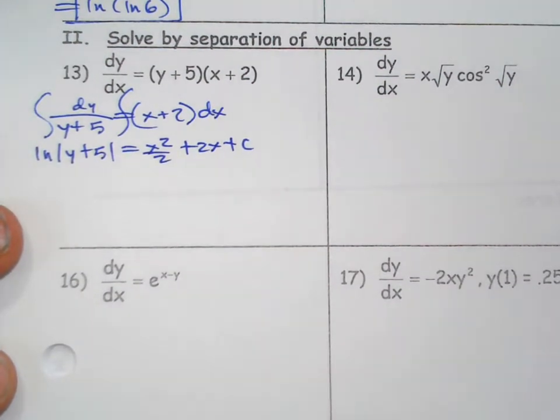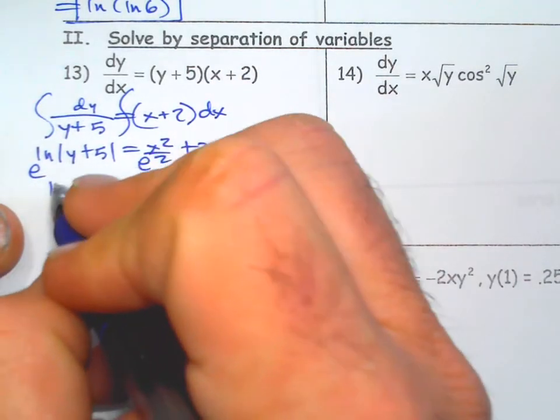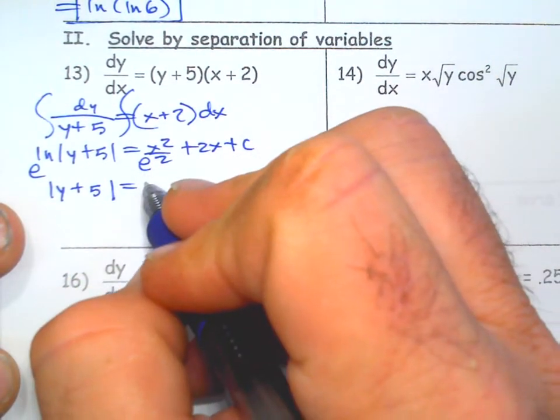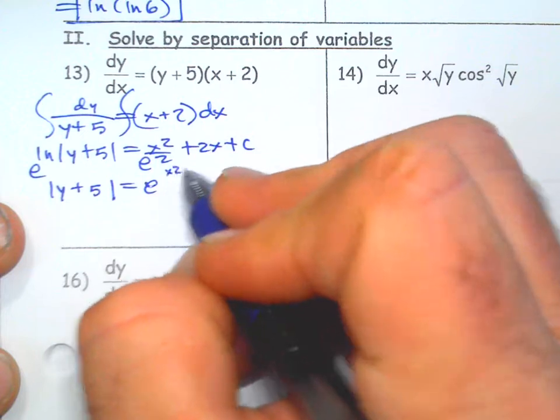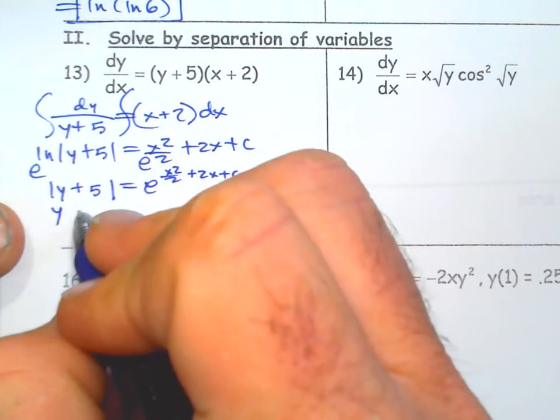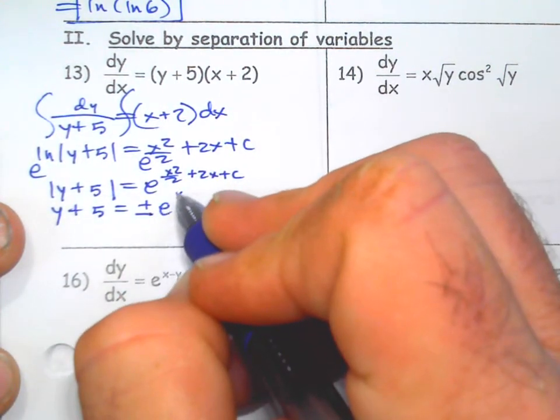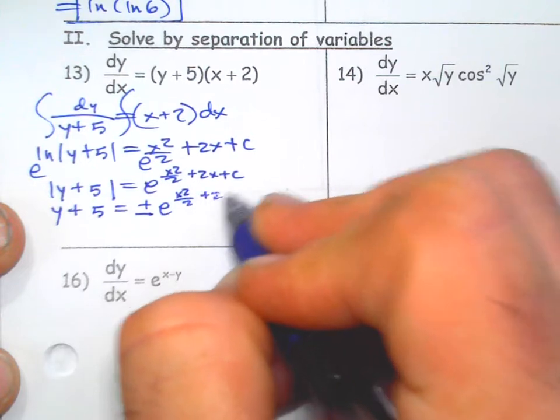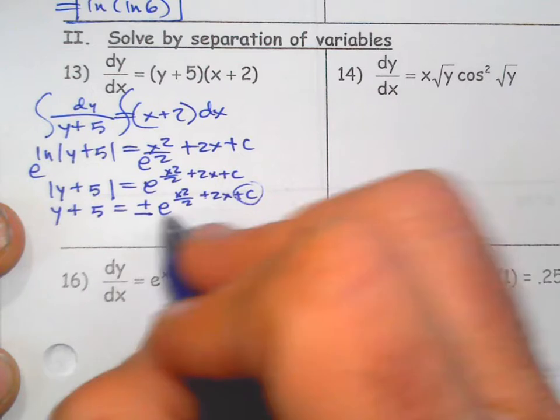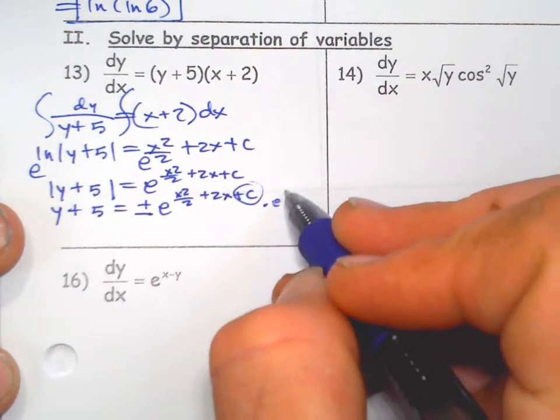So now we got to solve for y. We got to get y by itself. So we're going to exponentiate both sides. Still have the absolute value. It's going to be e to the x squared over 2 plus 2x plus c, all in the exponent. And then we're going to get rid of the absolute values by doing plus or minus. And a lot of times we go ahead and do the e to the c. The rules of exponents are, you can think of this as e times c.